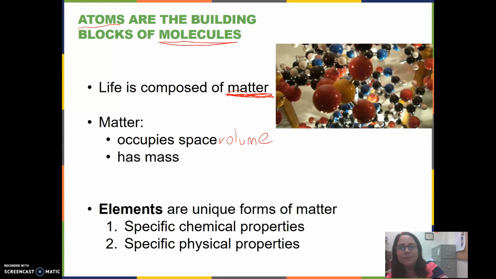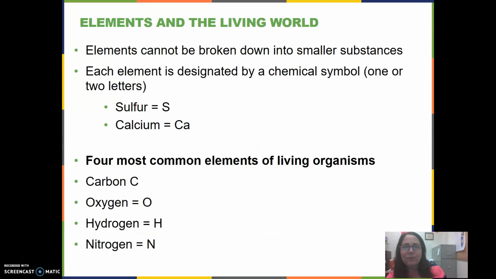Elements are the simplest forms of matter. Each element has specific chemical properties and specific physical properties. Elements can't be broken down into smaller substances. Each element has its own chemical symbol, either one or two letters.